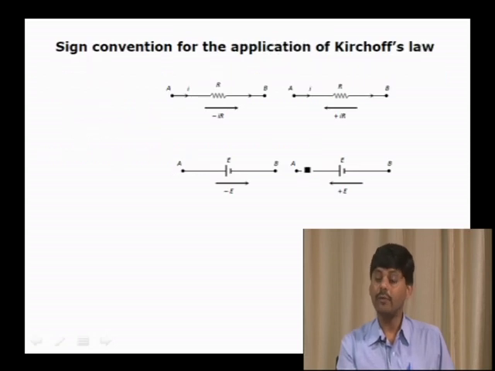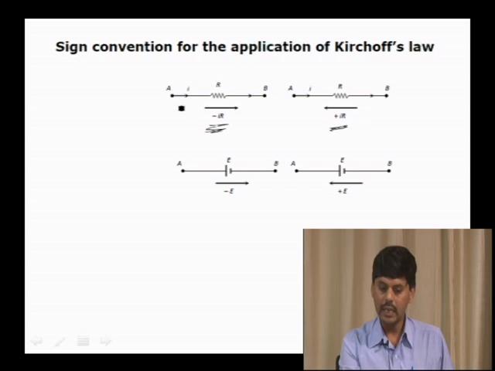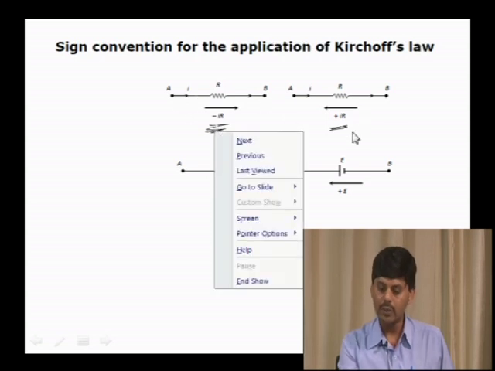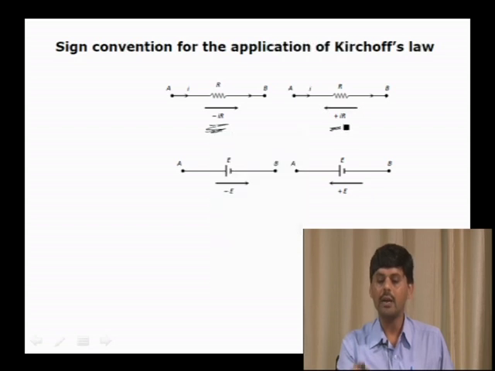Yes, the sign convention for taking the IR product, whether it is plus or minus. If you move from A to B in the direction of the current, we take the IR product as minus IR. Suppose you are moving from B to A, then the IR product is taken as plus IR. That means in the direction of the current, we take minus; opposite to the direction of the current, we take plus.